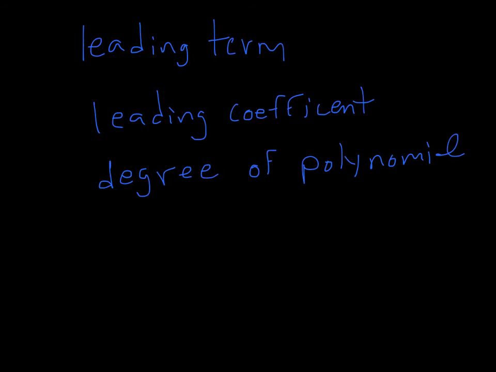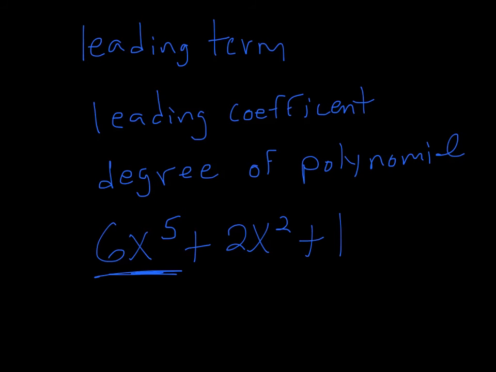So for example, if I have 6x to the fifth plus 2x squared plus 1. Usually when you write a polynomial, you write it in standard form, from the highest power on down. So here we go from 5, then the next highest is 2, and then the constant term comes last, the 1. So if I look at this, 6x to the fifth is the leading term. It's the first term with the highest power.